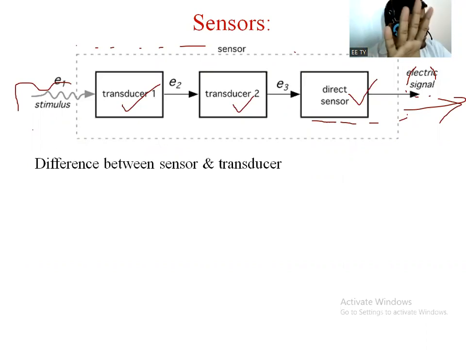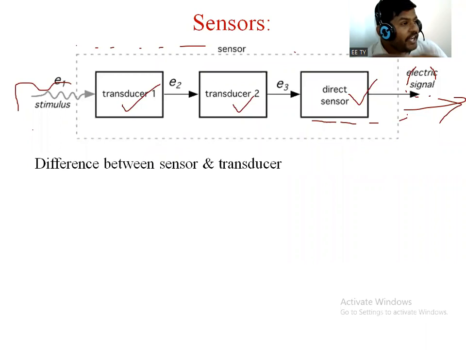See, a transducer is a part of a complex sensor. Getting it? A transducer is some part of a complex sensor, and a sensor is itself a sensing element. Did all of you understand the difference between transducer and sensor? A sensor is a device that will convert one form of energy into another form.